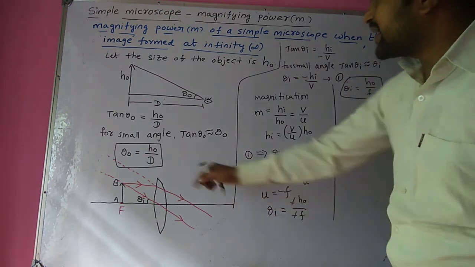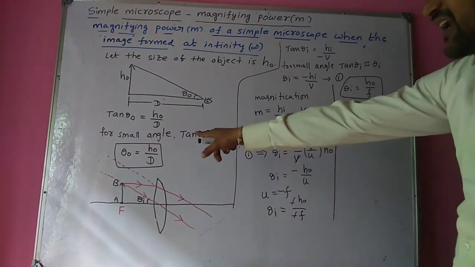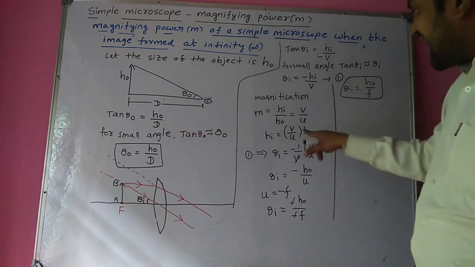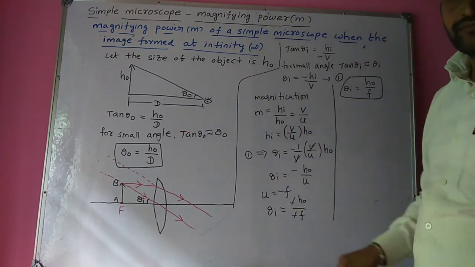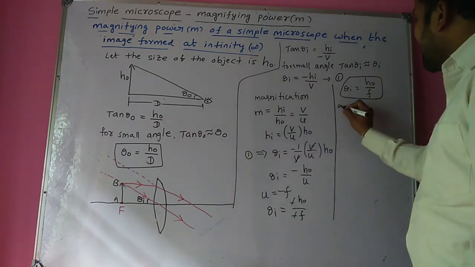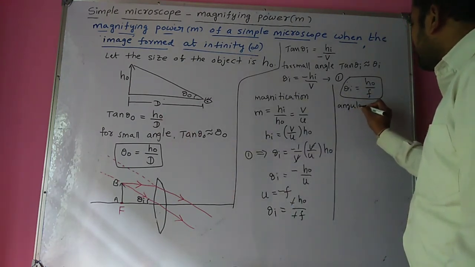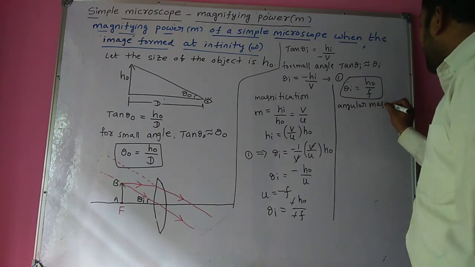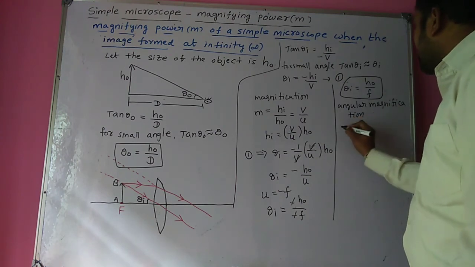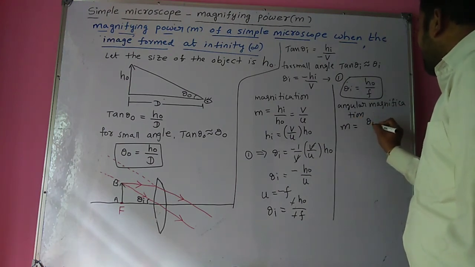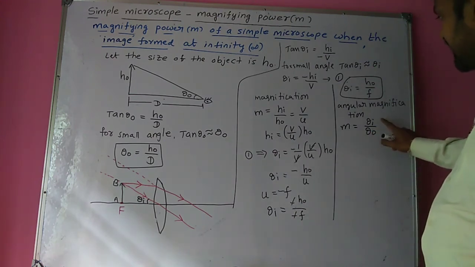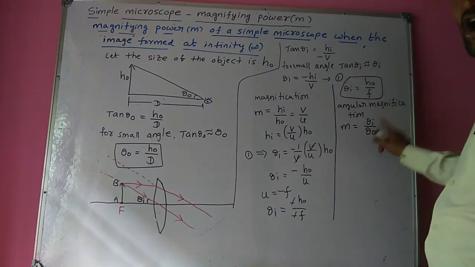Now already we have determined theta O. Theta O is the angle made by the object when the object is placed at D. Theta I is the angle made by the image when the image is formed at infinity. Now we consider the angular magnification. The angular magnification M is equal to theta I by theta O, that is the ratio of the angle made by the image to the angle made by the object.